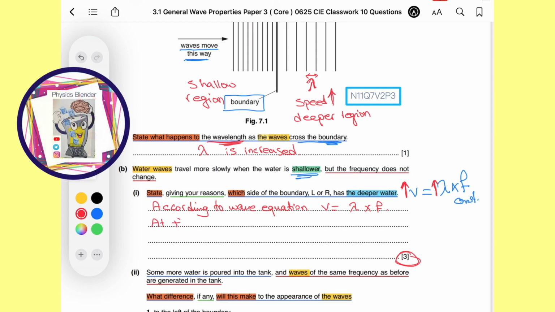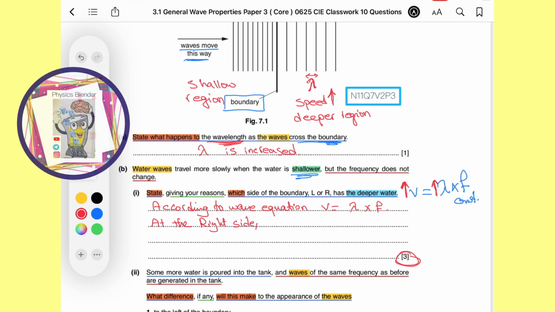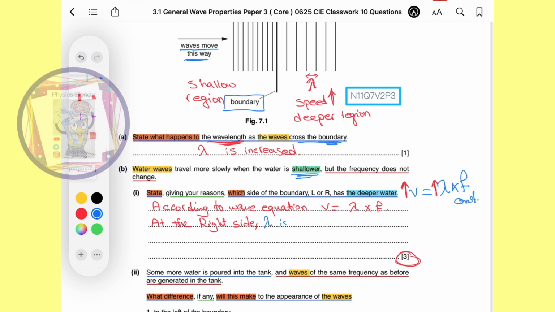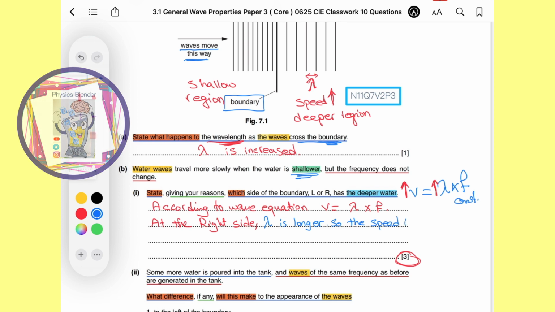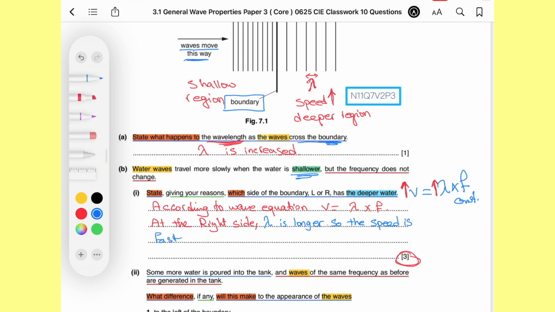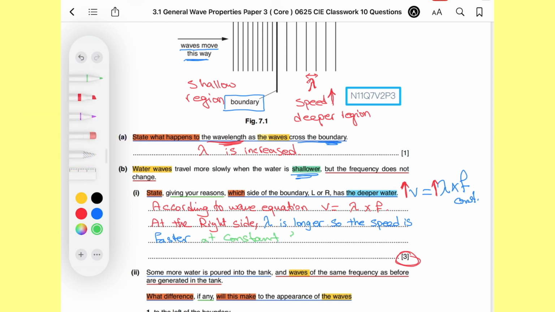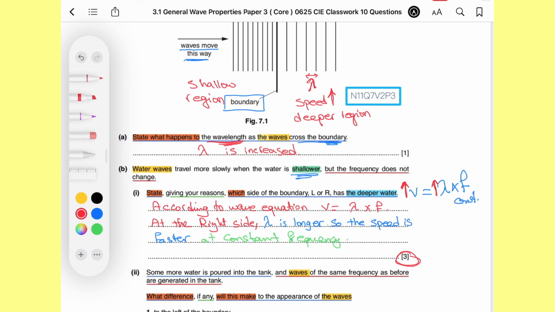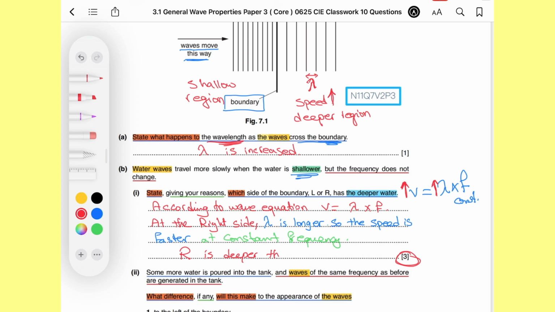At the right side, the wavelength is longer, so the speed is faster at constant frequency. So we have a conclusion that R is deeper than L.